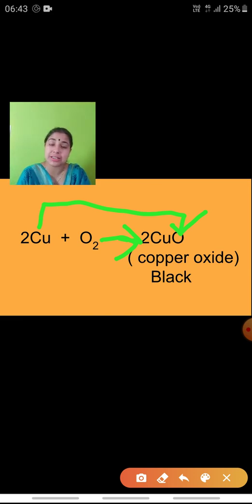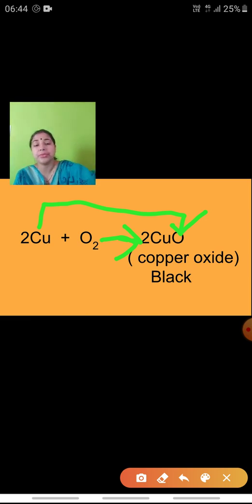That is again an example of oxidation, because in that reaction also magnesium reacts with oxygen and results in the formation of magnesium oxide. That means oxygen was added. So any reaction in which oxygen gets added to a substance is called an oxidation reaction. This is again a type of reaction.